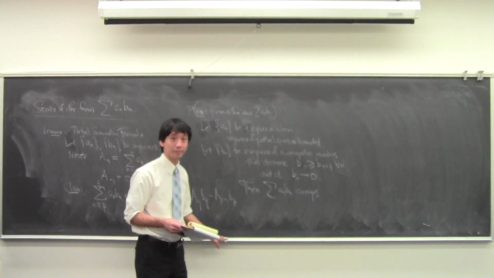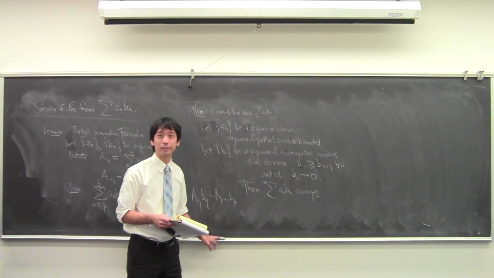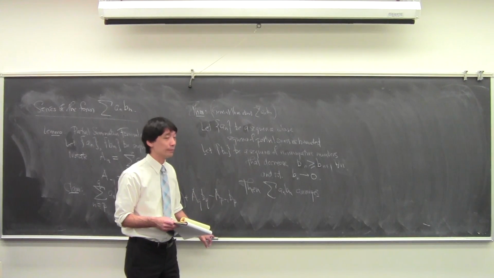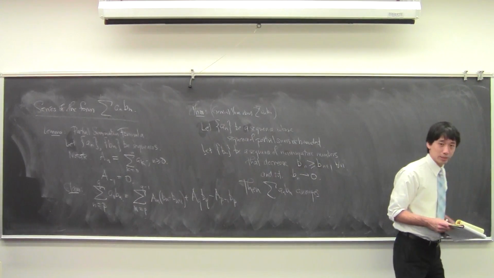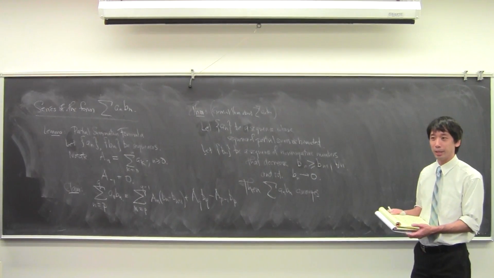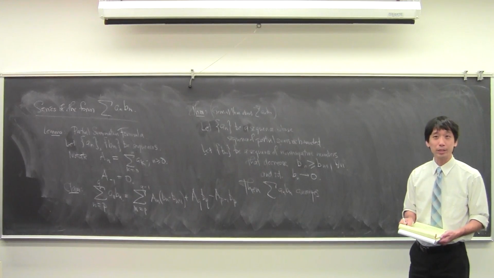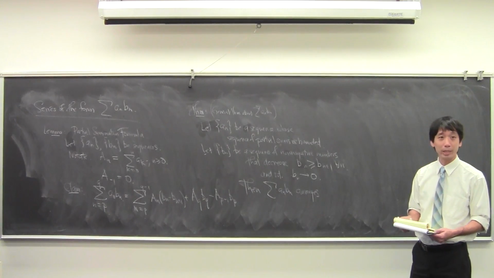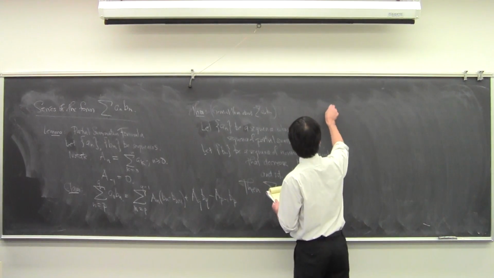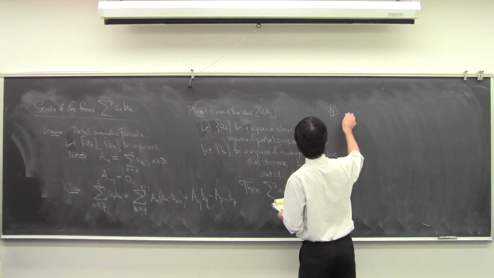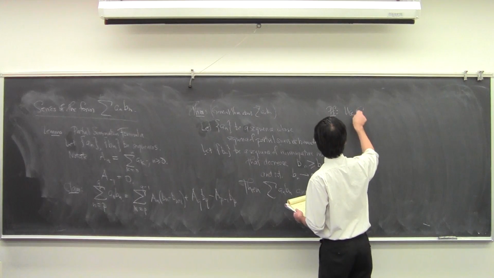Okay. Let's see the proof of this. This may seem kind of strange at this point, but you'll see its application. We'll have multiple applications of it that show it's pretty useful. So we're going to prove this by the Cauchy criterion.